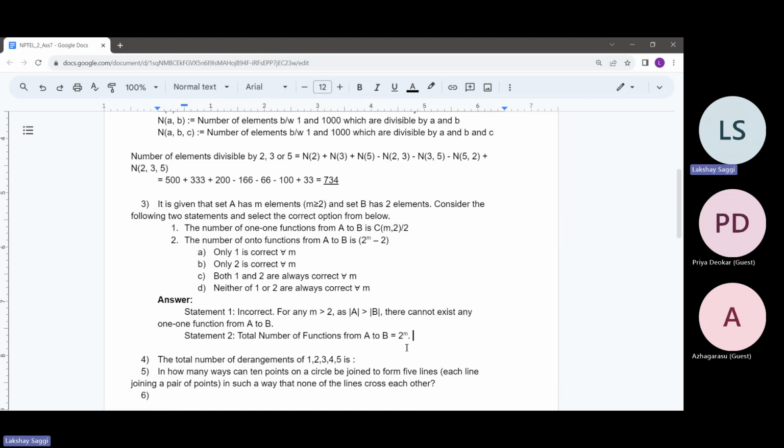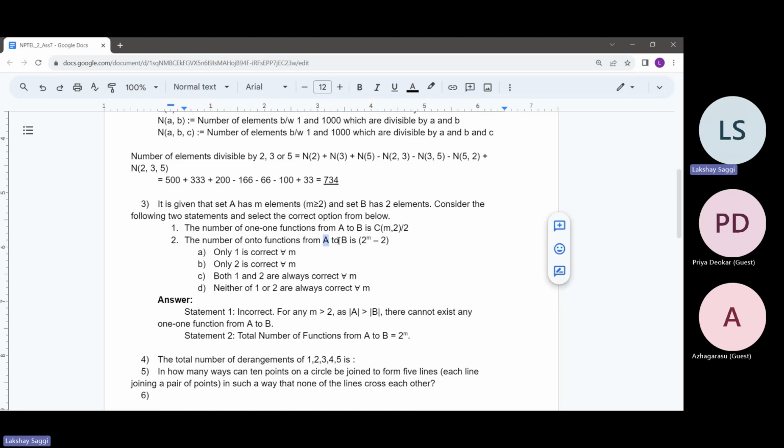And why is this the case? Why is this 2 raised to the power m? A function from A to B is essentially a mapping in which every element of A should be mapped to some element of B, right? We are just finding the total number of functions.